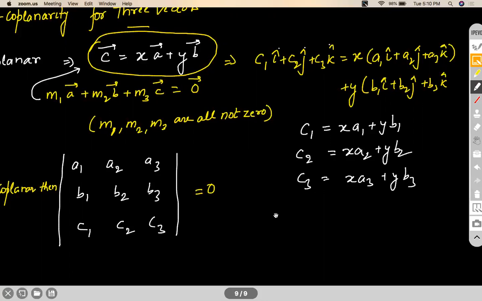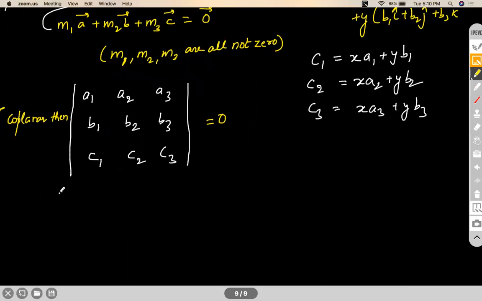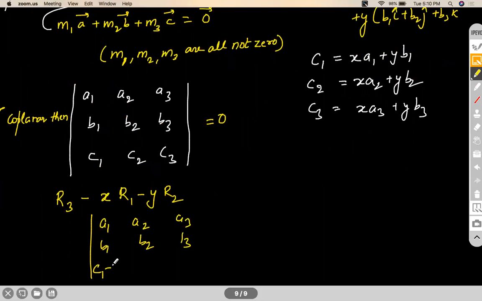In other words, if you do this operation, R3 as x times R1 minus y times R2, what will happen in this determinant? You will end up saying something like this. C1 minus XA1, oh sorry, I have to have more space, so I'll just write them slightly far apart. Let's say A2, B2, A3, B3.